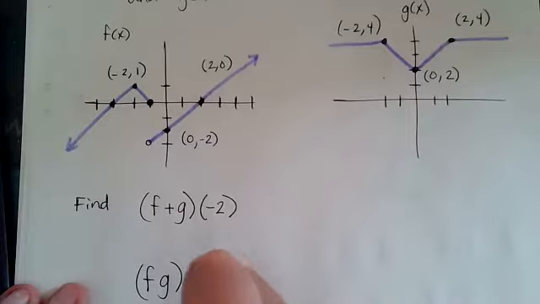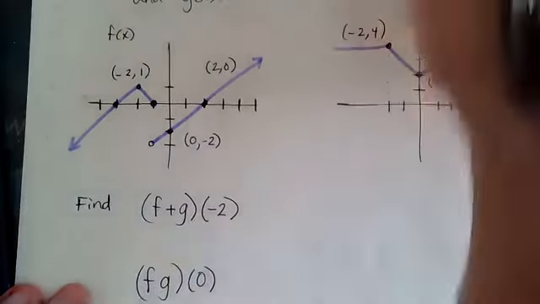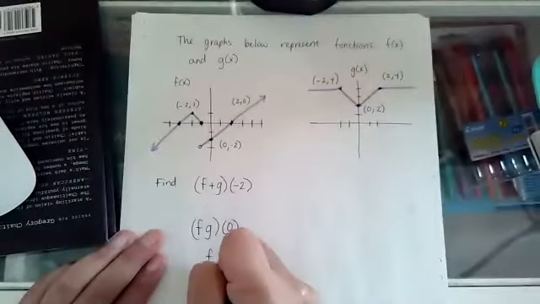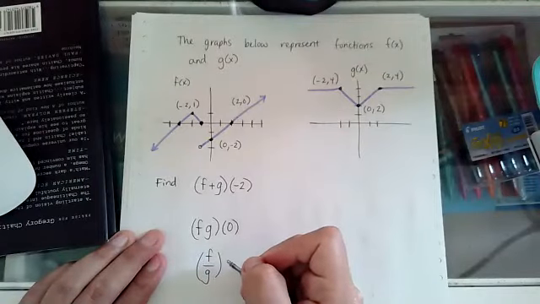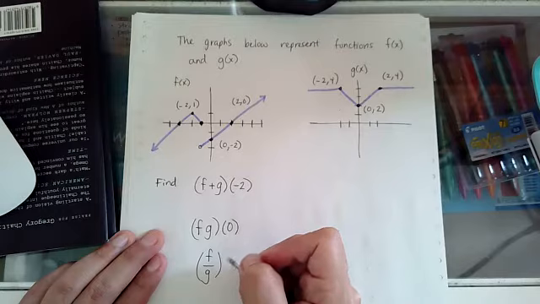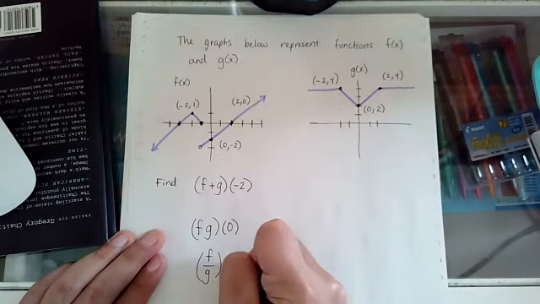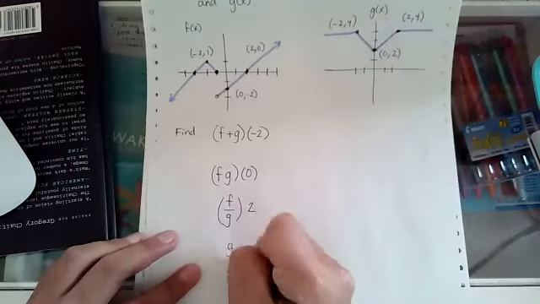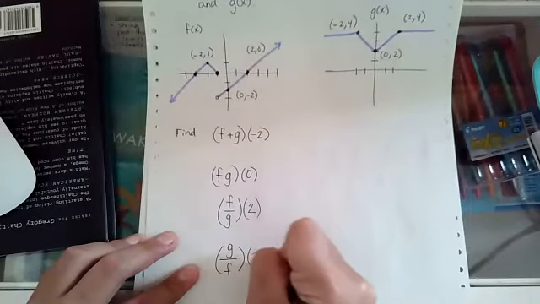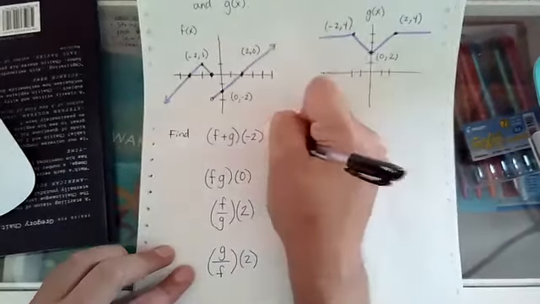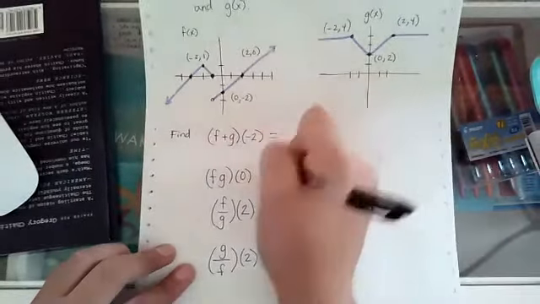And then maybe f divided by g also evaluated at, let's say, evaluated at 2. And then finally, I'm going to say g divided by f evaluated at 2. So we want to do these 4 problems.